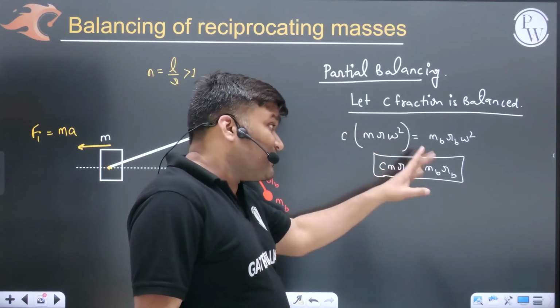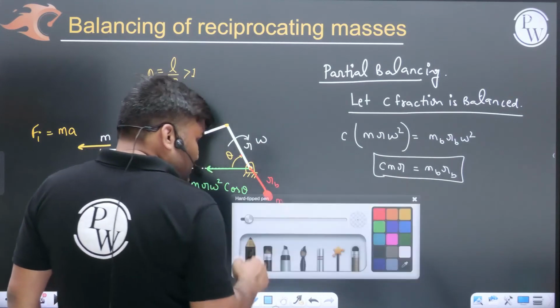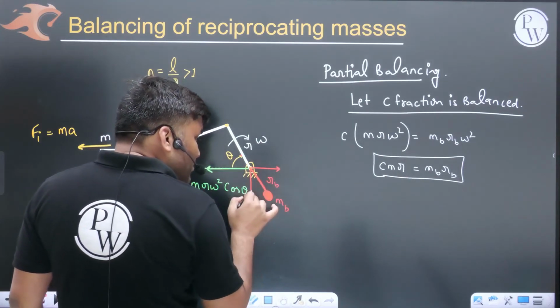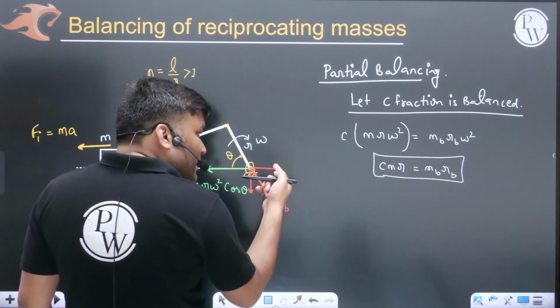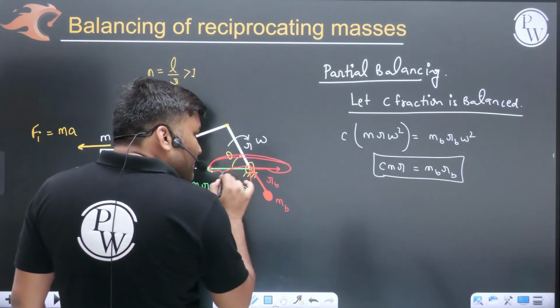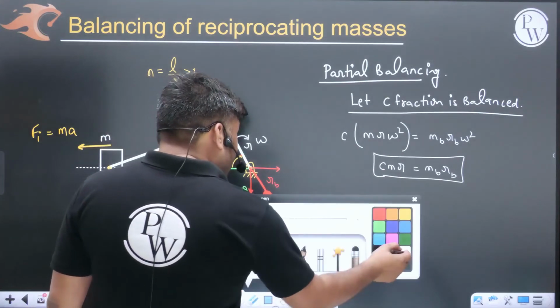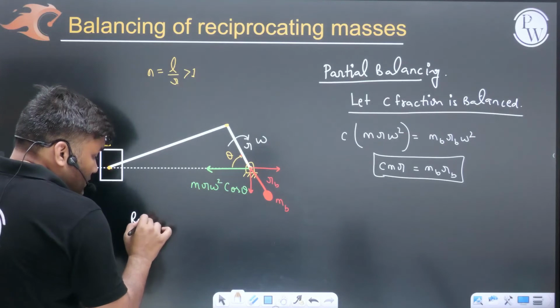Even after you have done the partial balancing, can you imagine, sir, this real mass you have connected, its one component will come out here, one component will come out here, mb rb omega square, one component here, the cos theta component. Some balancing will be done, not complete, so there will be some remaining unbalanced force.